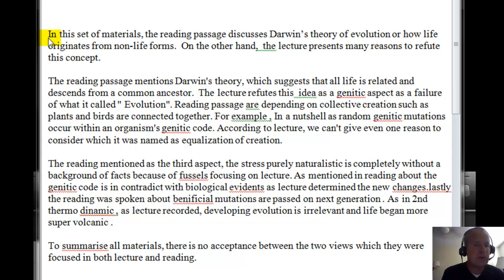Then another one says, there is a complete and systematic lack of transitional life forms, missing links, between the various kinds of life in the fossil record. I think that second point is the best idea that refutes what you just said.